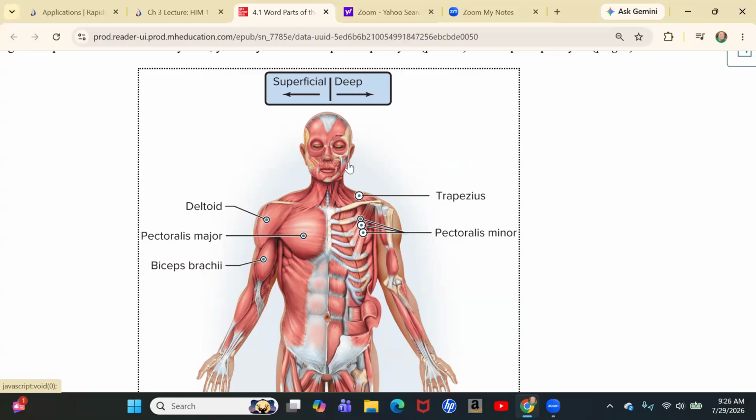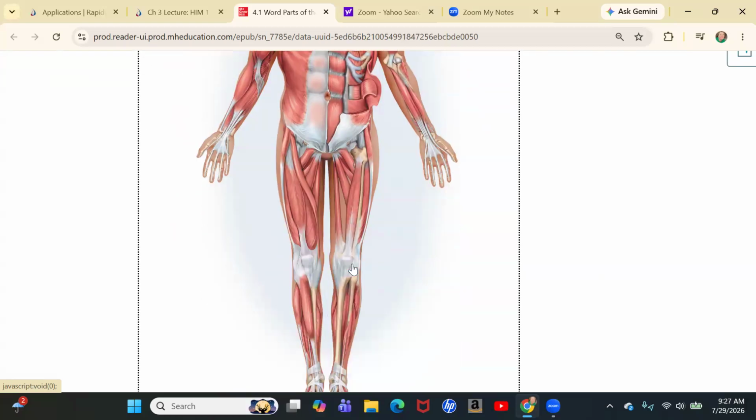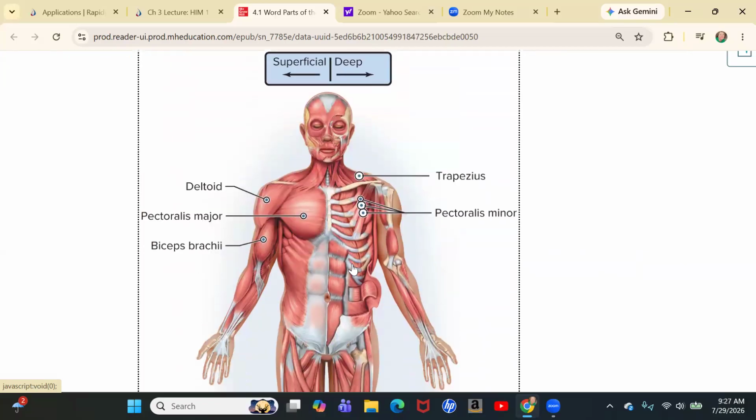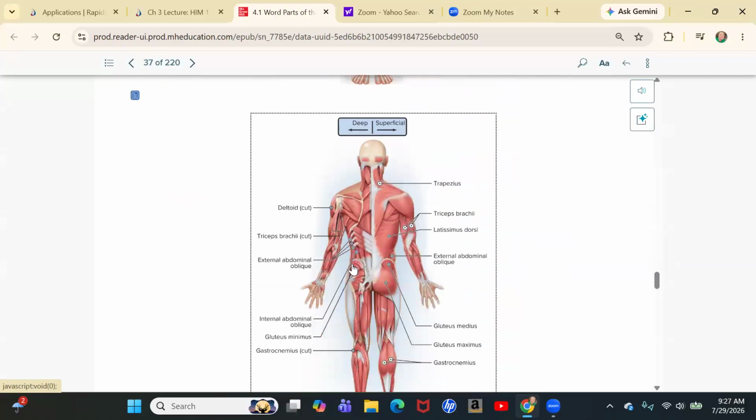We're going to be studying some of these that may be superficial and some that may be deep, so that's why this picture looks a little different here. You see this top superficial layer, the middle layer, and then the deep underlying layer. So multiple examples of that. When you go further into anatomy and physiology, if you do, you'll be studying those in painstaking detail.